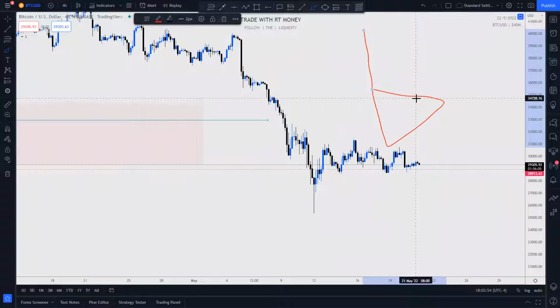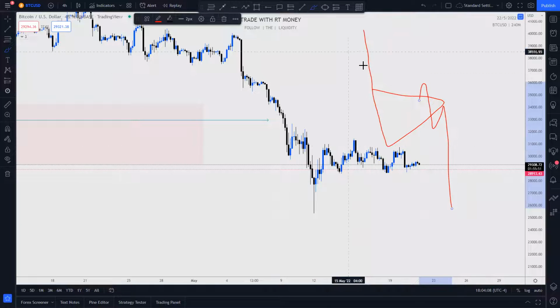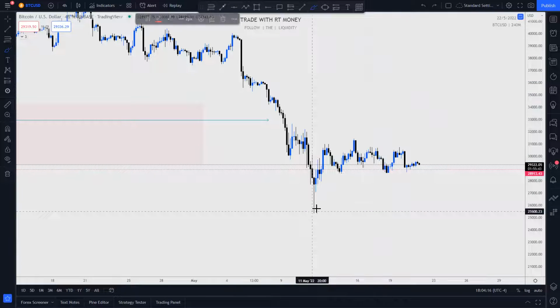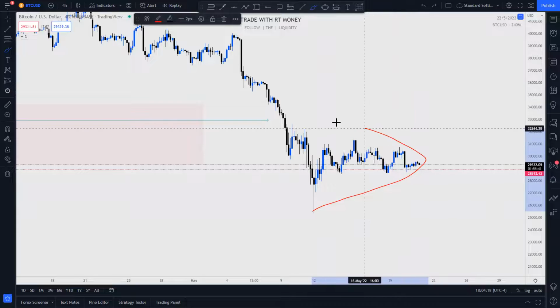And what do you look for? You look for a breakout of the top, which some people term a fake out, because it comes right back in, passes through, maybe retests, and then resumes the downward, bearish trend. This is a bearish pattern, folks, and we have it forming right here.